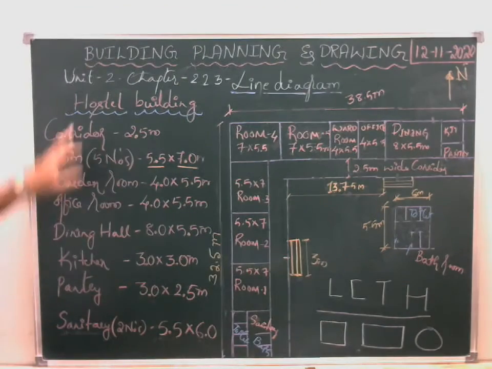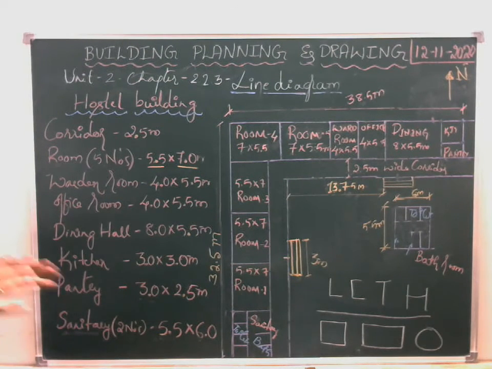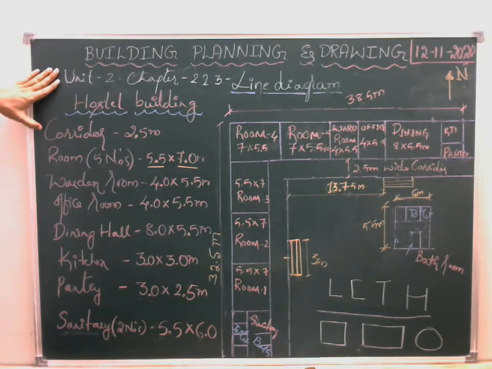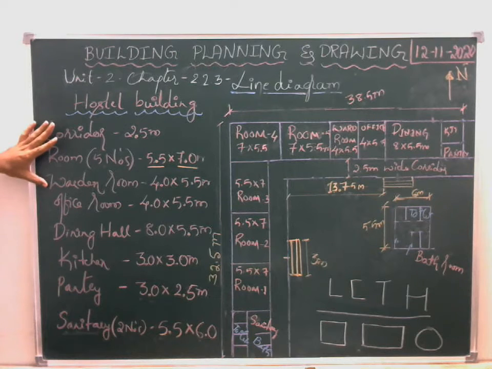Right. So in hostel buildings, first we have to know what are the things we have to include in this diagram or the hostel building. Here you can memorize these things. It consists of a corridor and then a number of rooms. Number of rooms may vary, and warden room will be there. These are mandatory we have to provide.